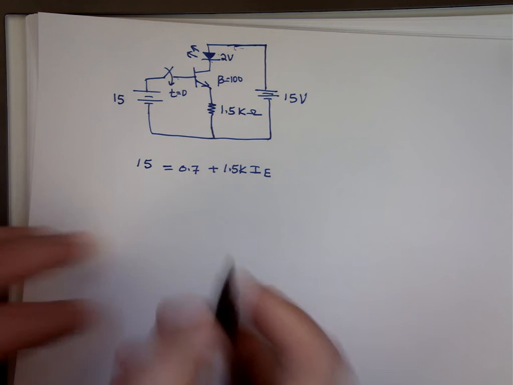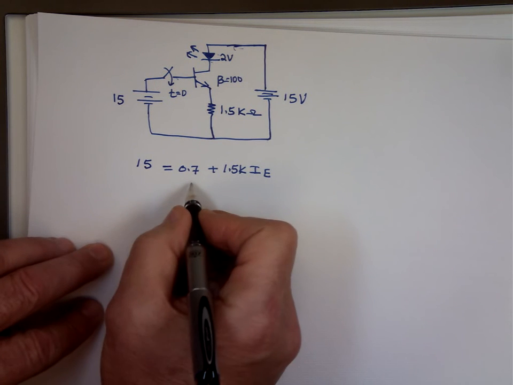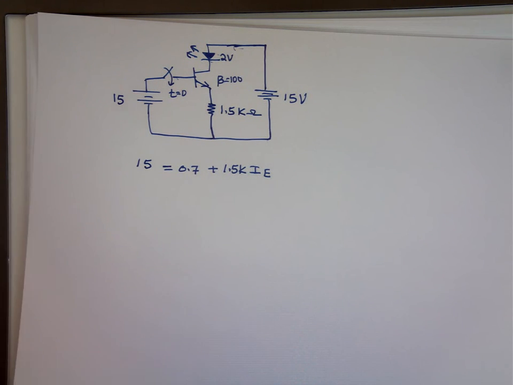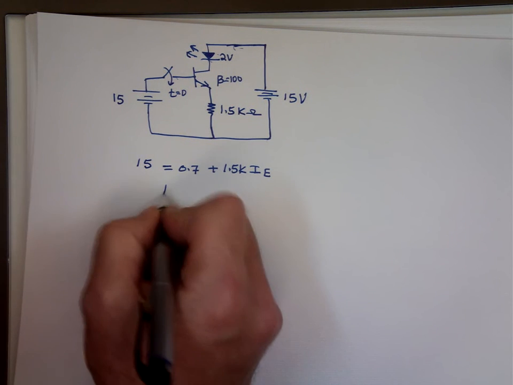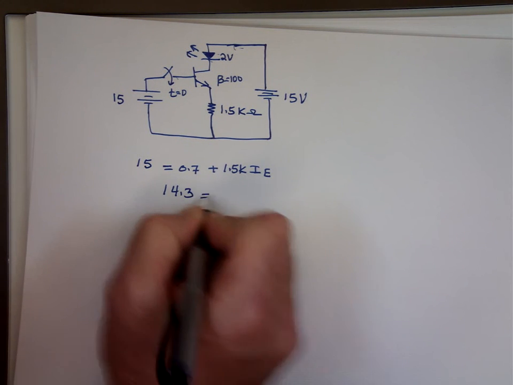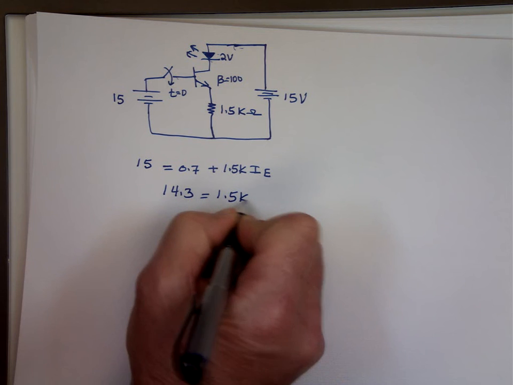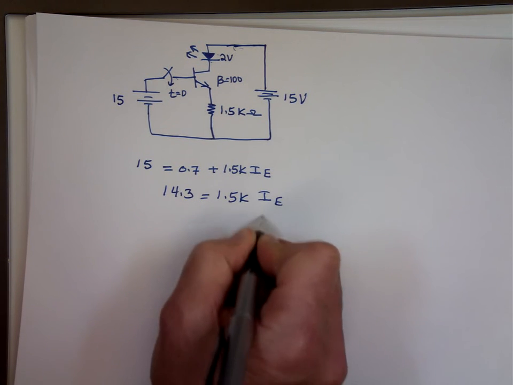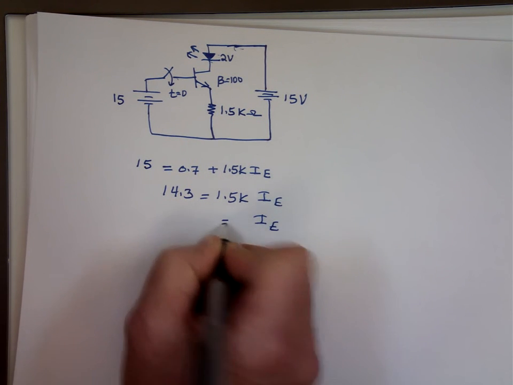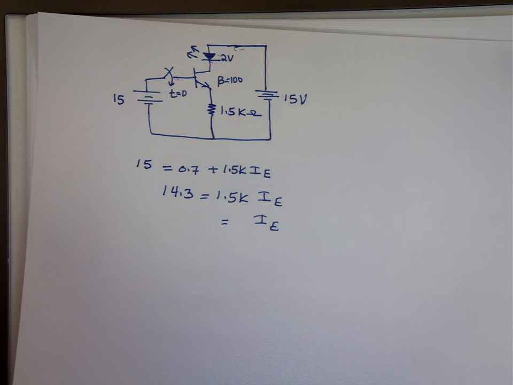So 15 minus 0.7. What's 15 minus 0.7? 14.3 equals 1.5 K times I sub E. Can we get I sub E? 14.3 divided by 1.5 K, it's 9.5 milliamp.